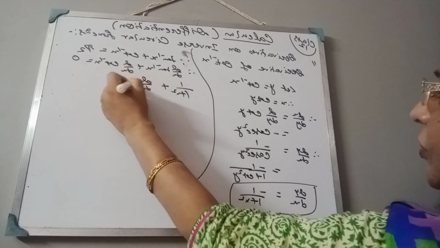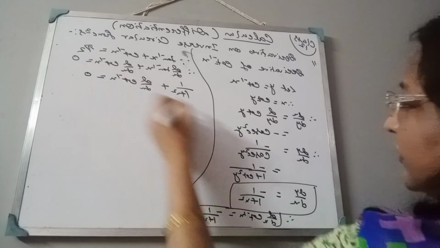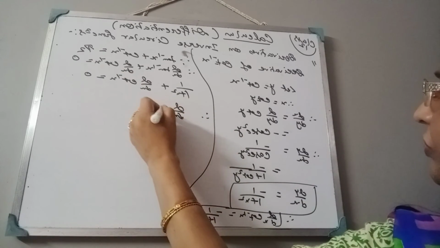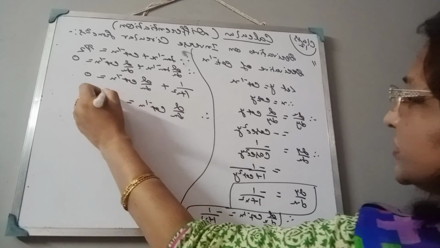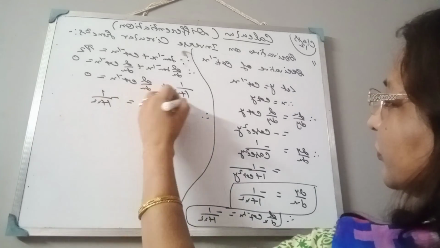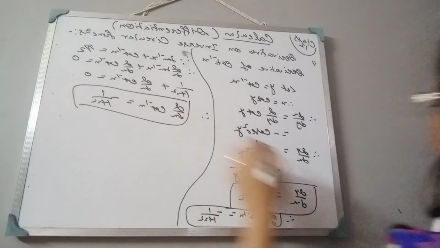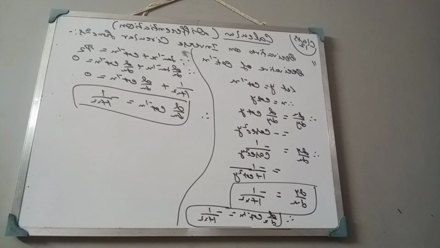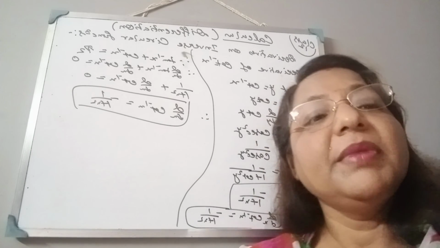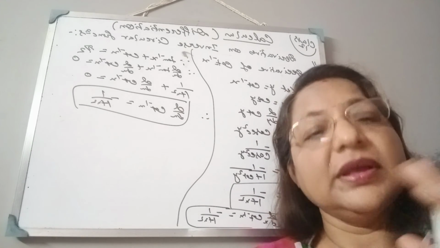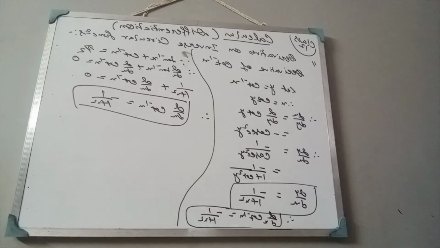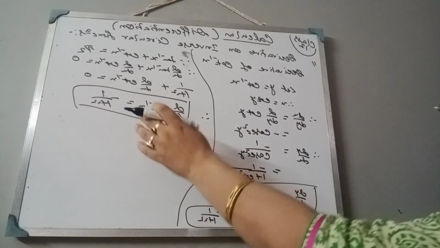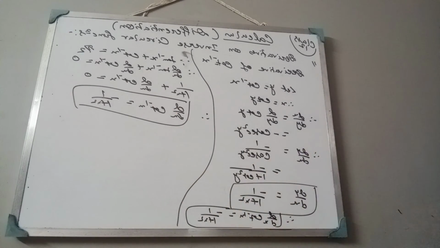So d/dx of cot inverse x equals minus 1 by 1 plus x square. In this way also we can find it. How we get this formula is not so important, but I am showing you so that you do not forget it. But all these formulas you have to remember.